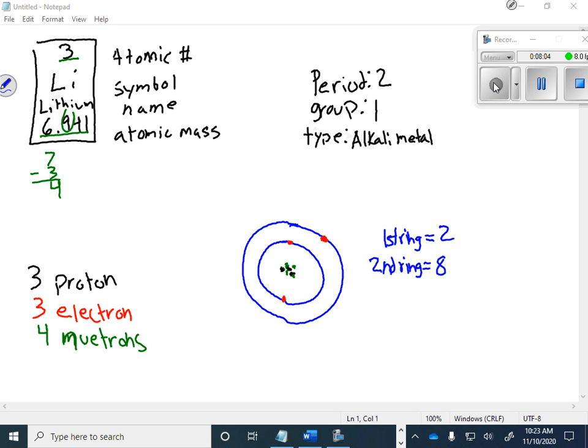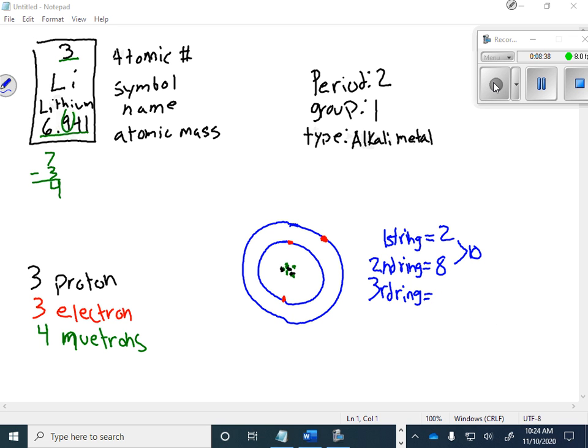But if you have more than 10 electrons, because these two together is 10 electrons, and so if your element has more than 10 electrons, then you need a third ring, and that third ring can have up to 18 electrons.